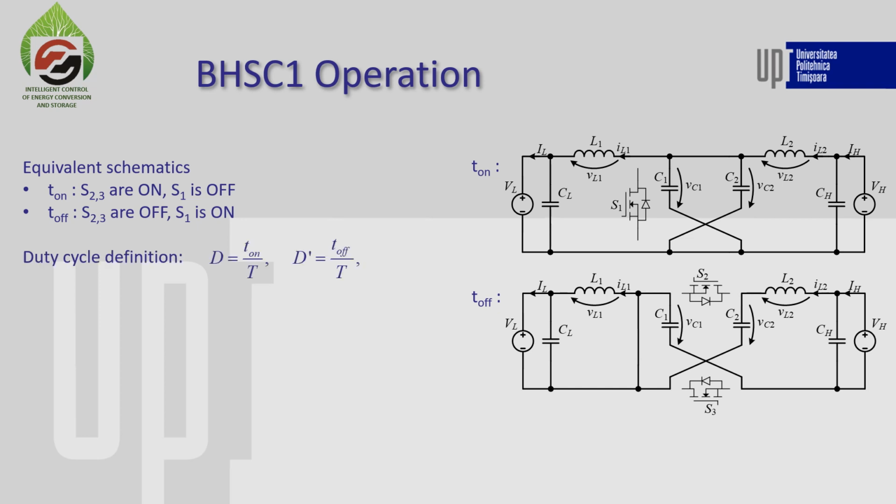Here we define the duty cycle in the same way. And then we can continue by writing the inductor voltages. And here we have to keep in mind that the two capacitors are considered identical, so the voltage on them is the same. We have the same voltage, and this simplifies the analysis.